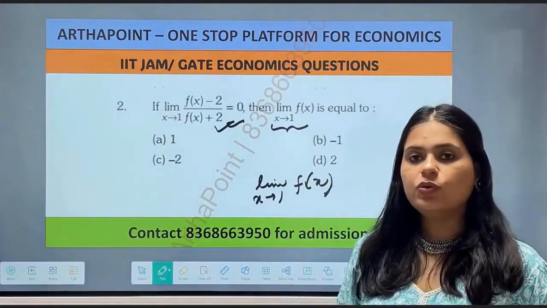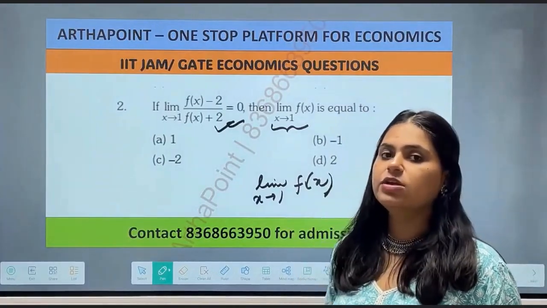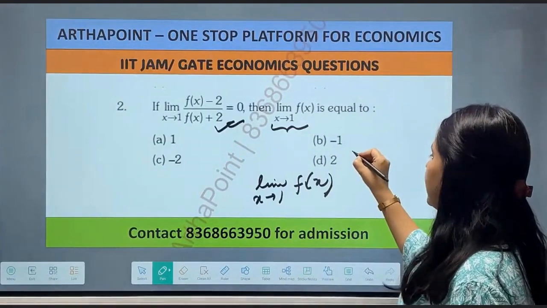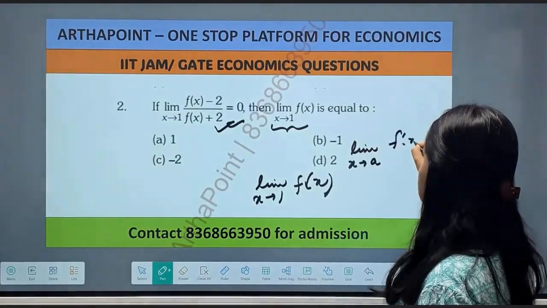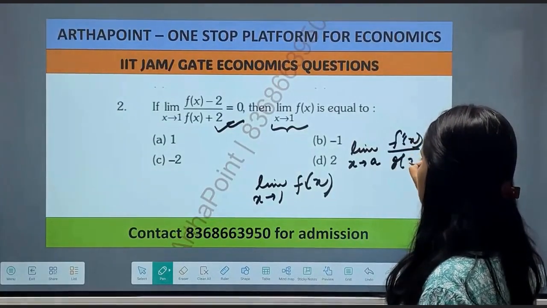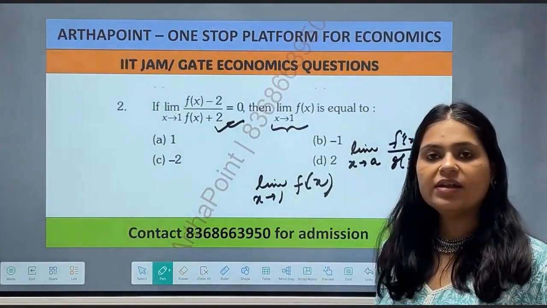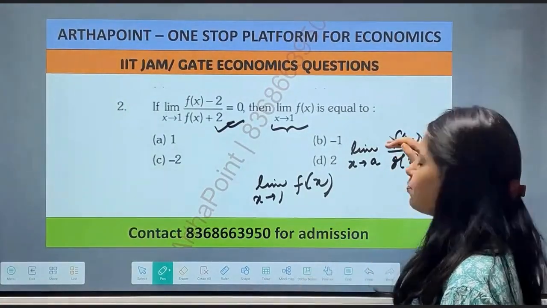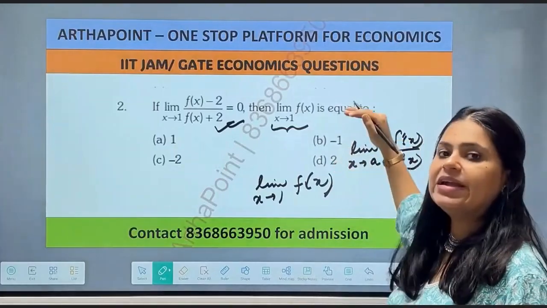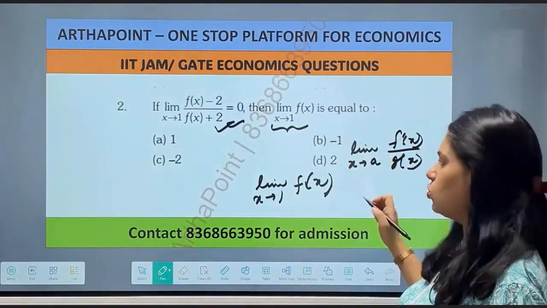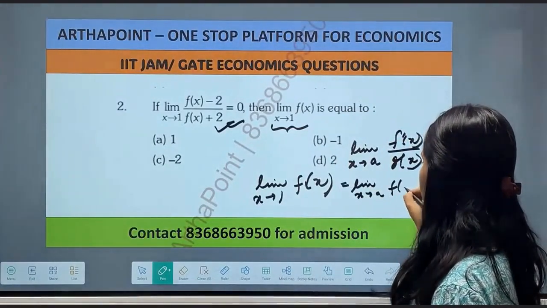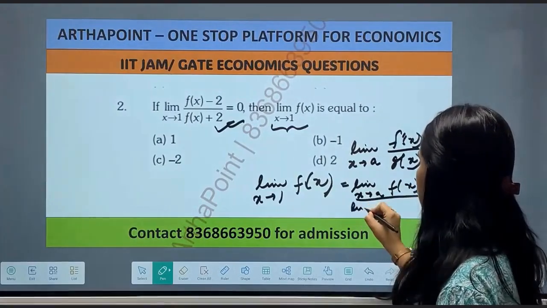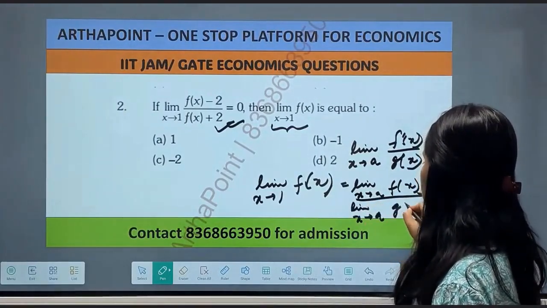So I have to go ahead and use a very important rule here, that when I say limit x tends to a of f(x) by g(x), okay beta? So I can just put this limit separately in the numerator and separately in the denominator. So beta, this can become limit x tends to a f(x) by limit x tends to a g(x).